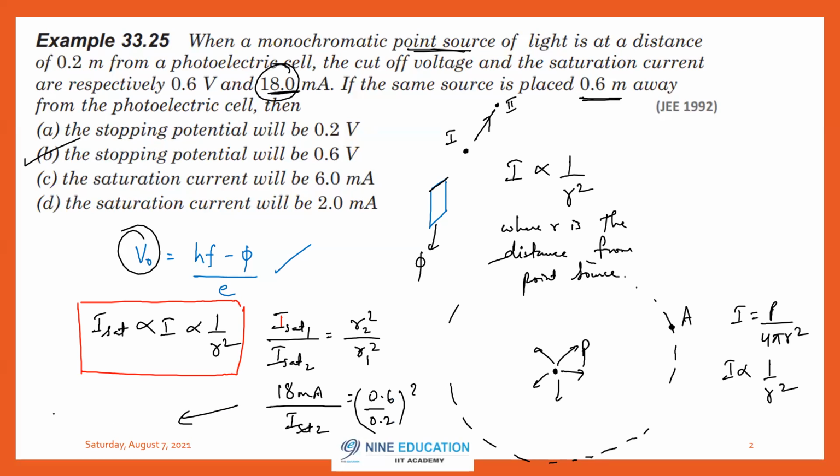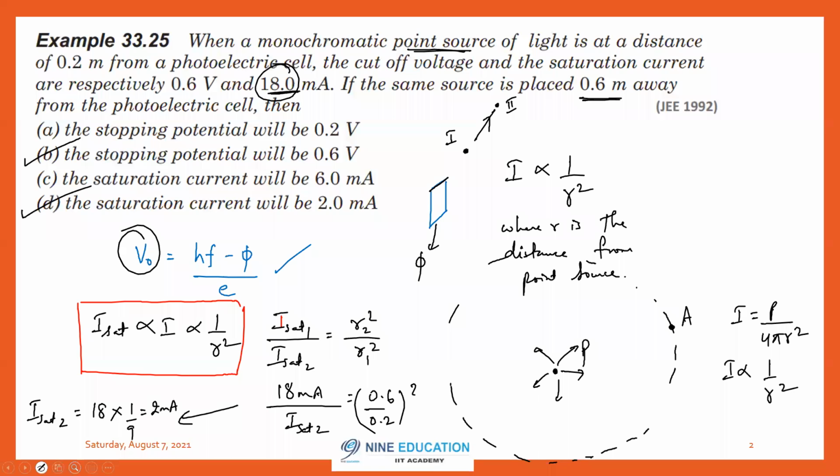From here I can get ISAT2. ISAT2 is 18 into 1 by 3 square, so 18 into 1 by 9. So this is 2 milliampere. So it is option D.